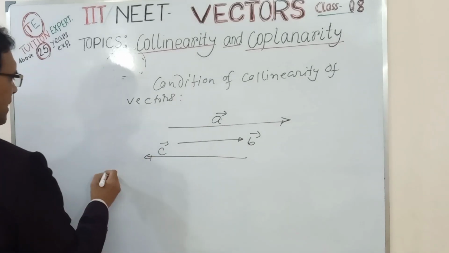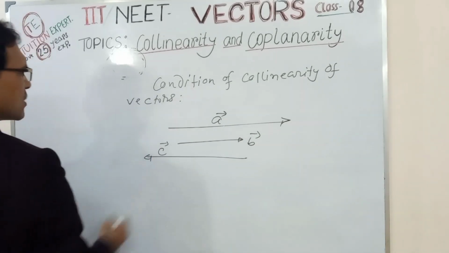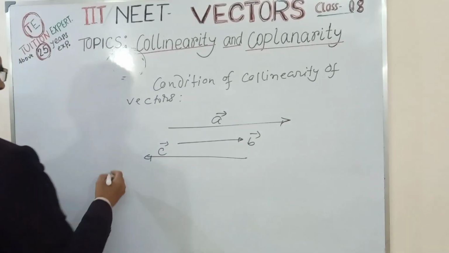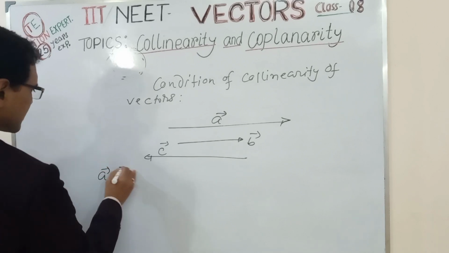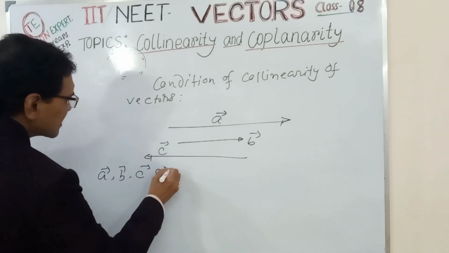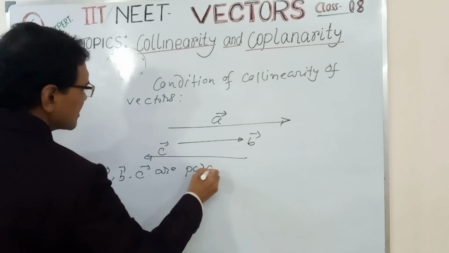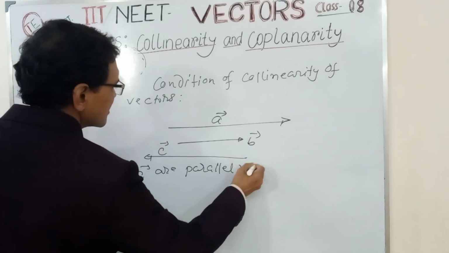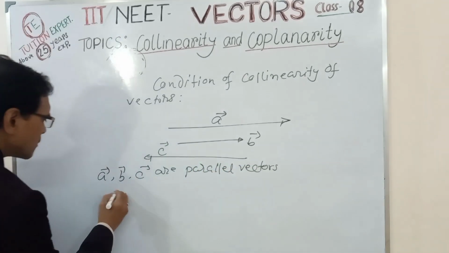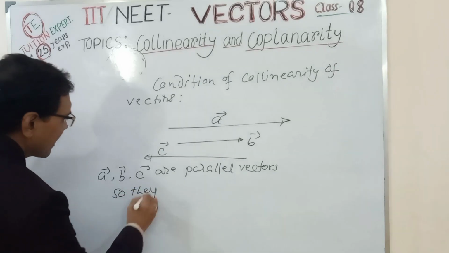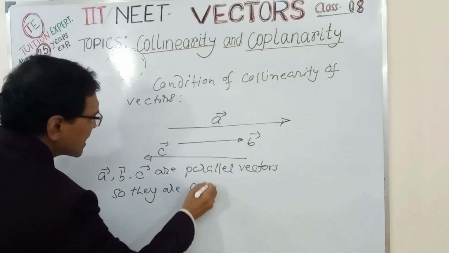So A, B, C are parallel vectors. This is called collinear vectors. A, B, C are parallel vectors, so they are collinear vectors.